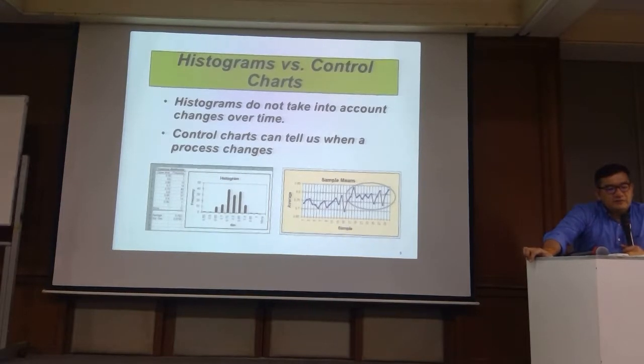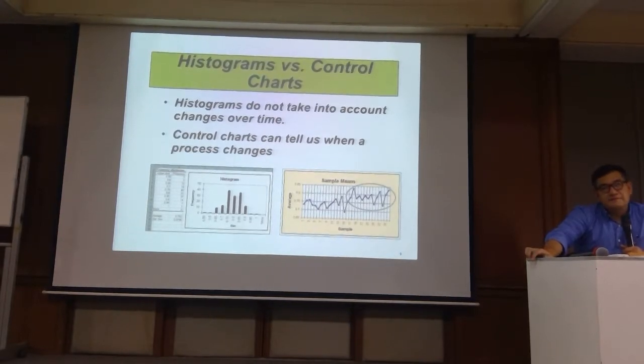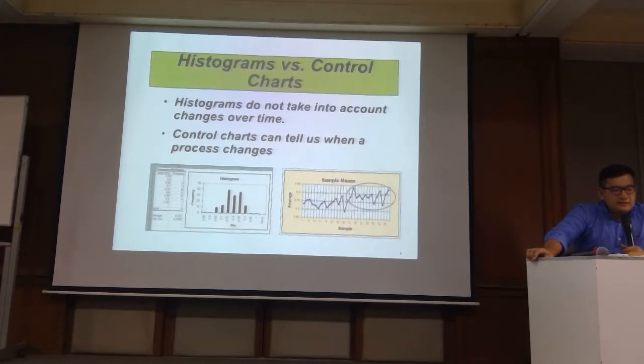When we plot the control chart, we plot against time, sampling at each time, normally every hour or something like that. For the histogram, we cannot do that. So that's why we need the control chart to evaluate the process, because it can take account of changes over time.